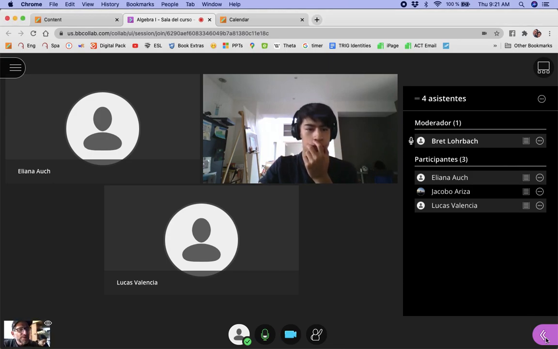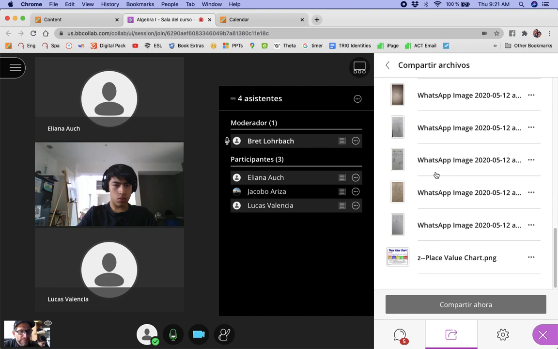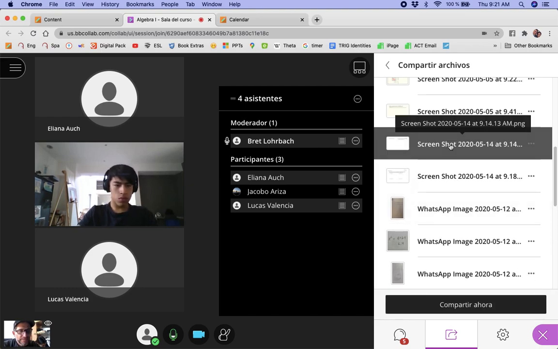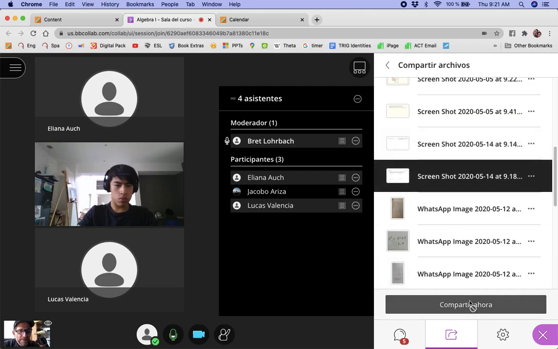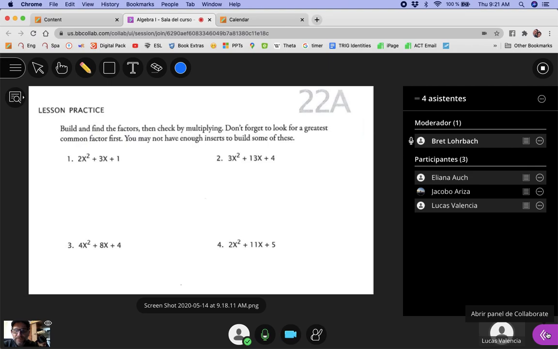Well, lesson 22 takes it one step a little bit further with this idea. What happens when you have a first term different than x squared?